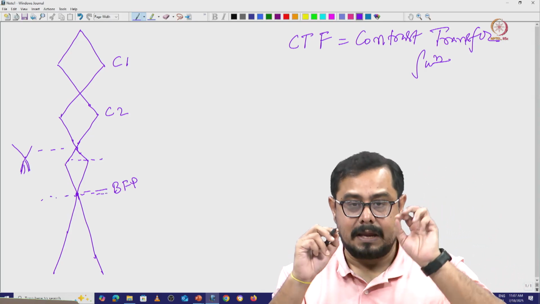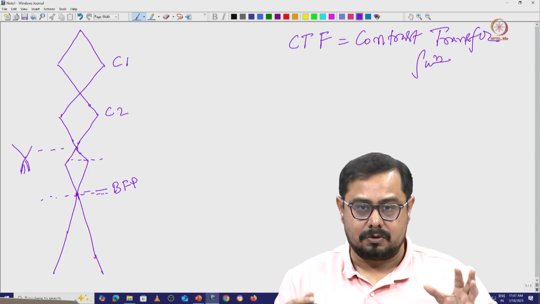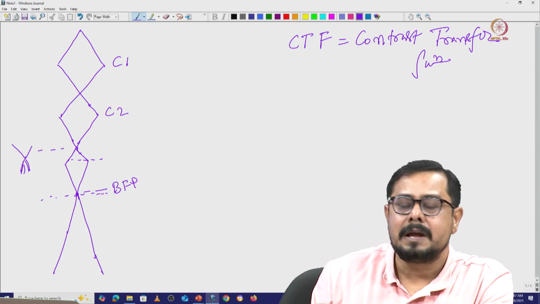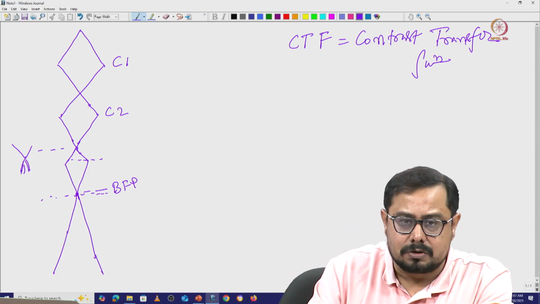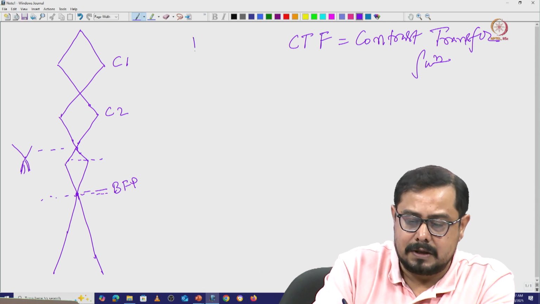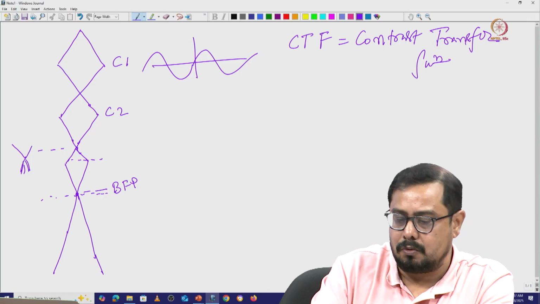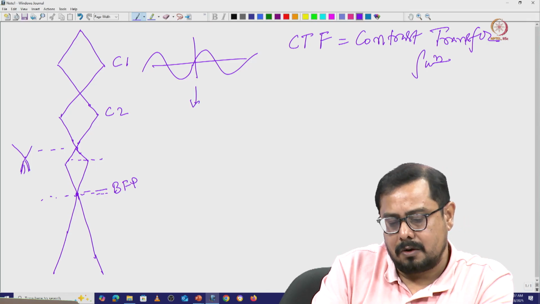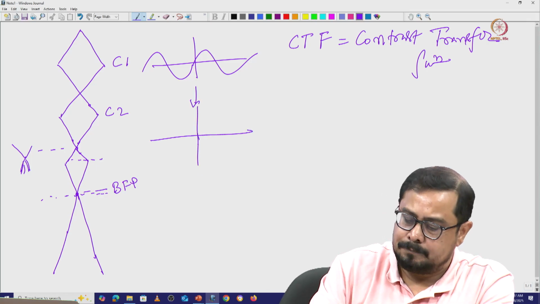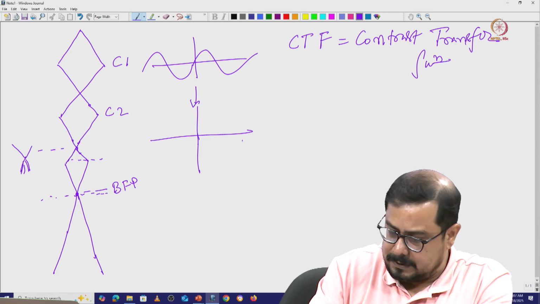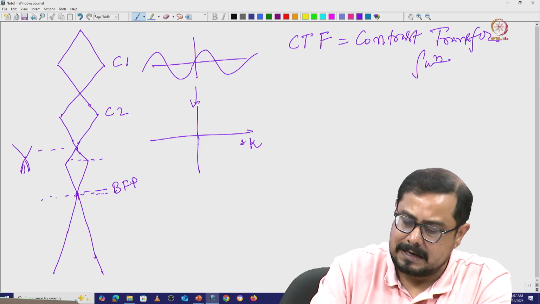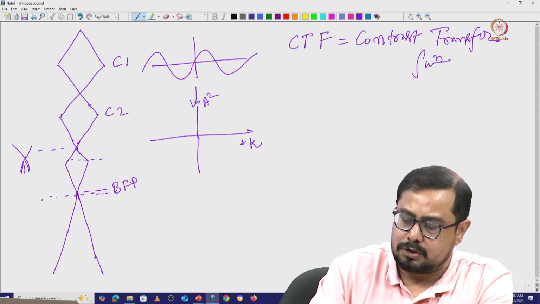So if you have a single slit experiment, if you remember, how diffraction patterns are coming, I already plotted those diffraction patterns. When there is a sine wave going in this direction and we want to plot that one, how can we plot it? This will be the frequency, this will be the spatial frequency, or k I can say, and this is the amplitude square.